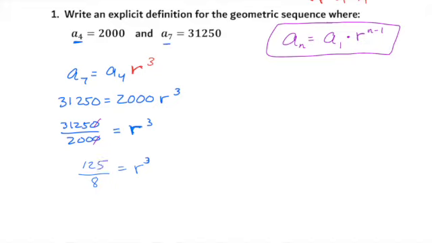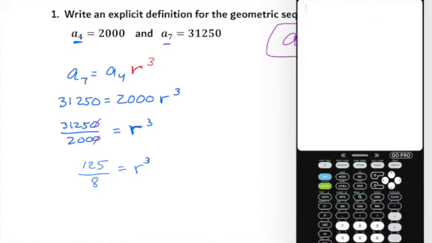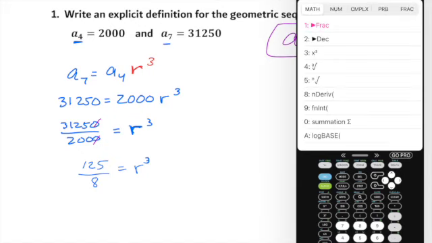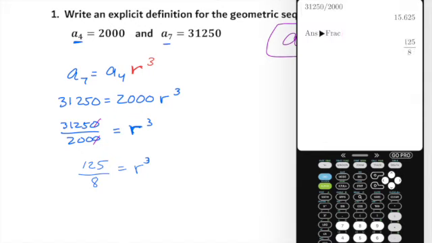If not, if you have access to a calculator, it's just nice to also know these little tricks with your calculator. All scientific and graphing calculators have something to this effect: if I'm doing 31,250 divided by 2,000, I get a decimal, and most calculators have an ability to change that into a fraction in reduced form, because you don't want to round off.